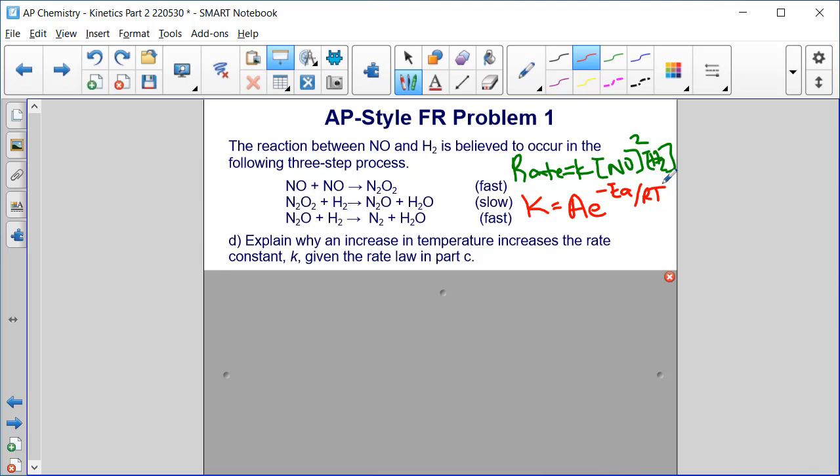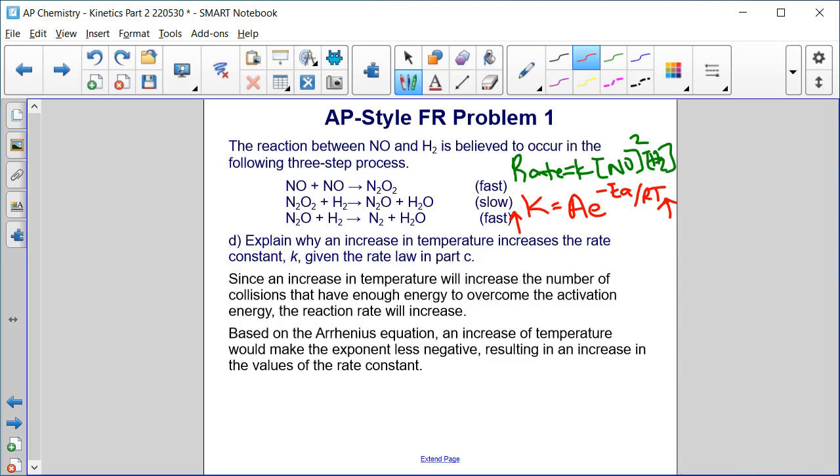So if we increase the temperature, how can we demonstrate that this K also increases? Since an increase in temperature will increase the number of collisions that have enough energy to overcome the activation energy, the reaction rate will increase.